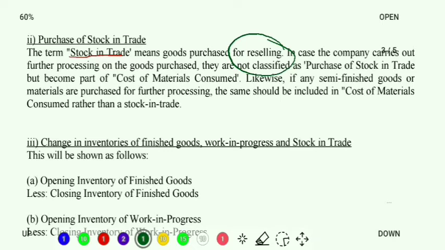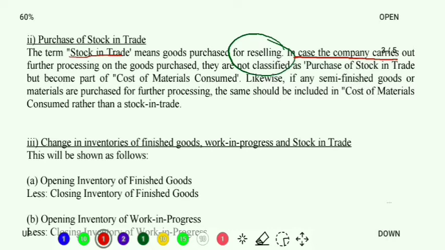Clear? But one thing that should be taken care of is that in case the company carries out further processing on the goods purchased, then they are not classified as purchase of stock in trade, but are called cost of materials consumed. Likewise, if any semi-finished goods or materials are purchased for further processing, the same should be included in cost of material consumed rather than stock in trade.